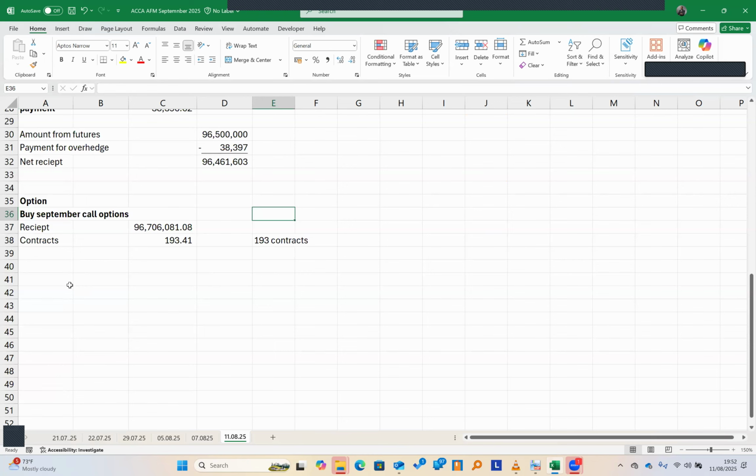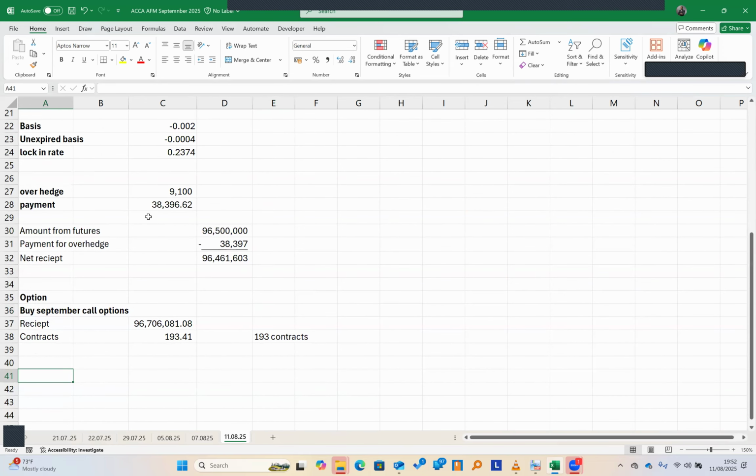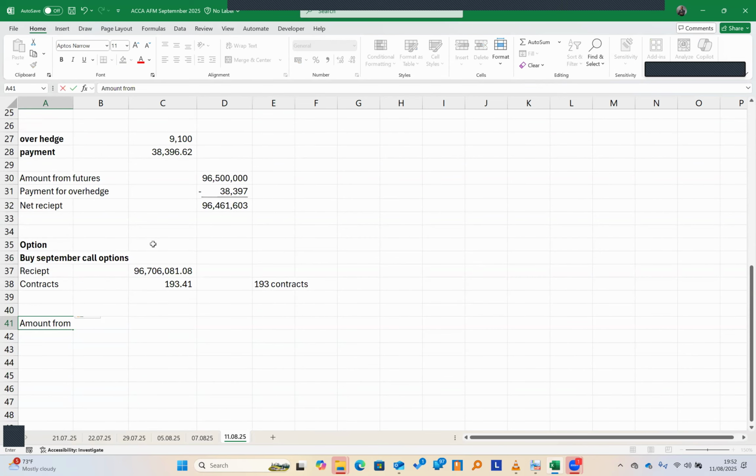So the outcome will be, if I sort it out without going through these loops that we went through up here, because now we understand, we shall get the amount from the option. Remember, it is 193 contracts, each one at 500,000. That is 96.5.